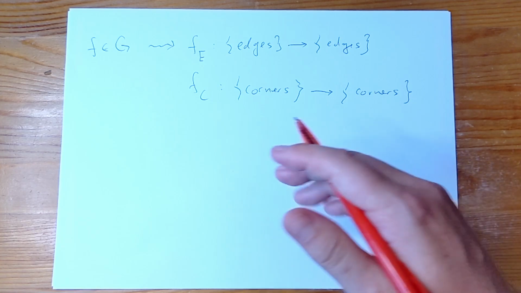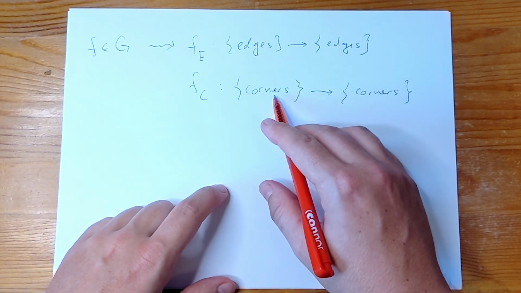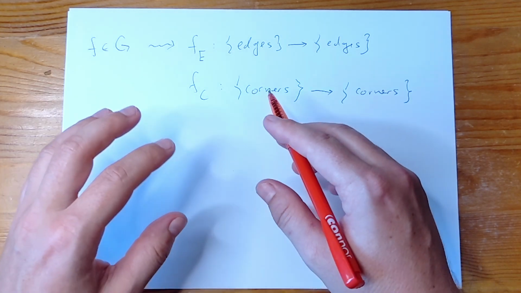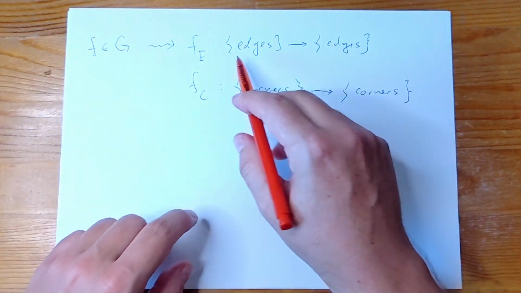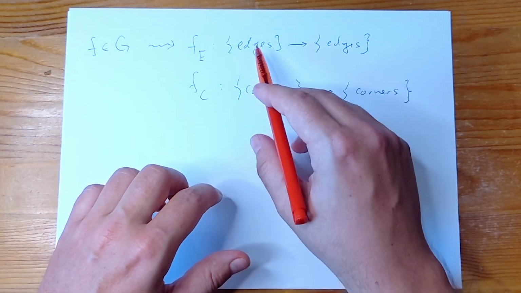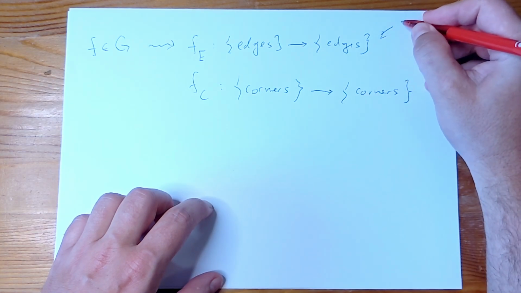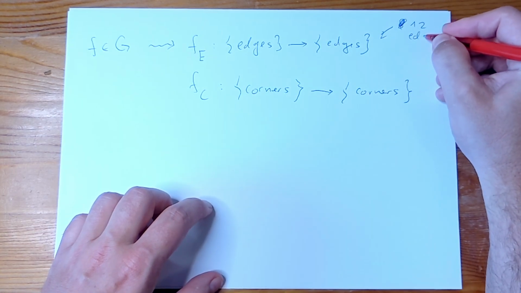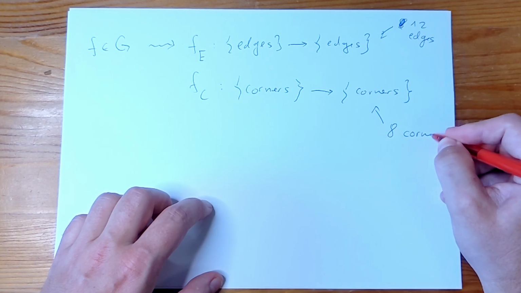And this makes the problem quite simple, namely we have just 12 edges and 8 corners. So in total we just have to consider 20 pieces, and it's much simpler to analyze these permutations then, because here the sets are much smaller. So let me write it down. There are 12 edges and there are 8 corners.